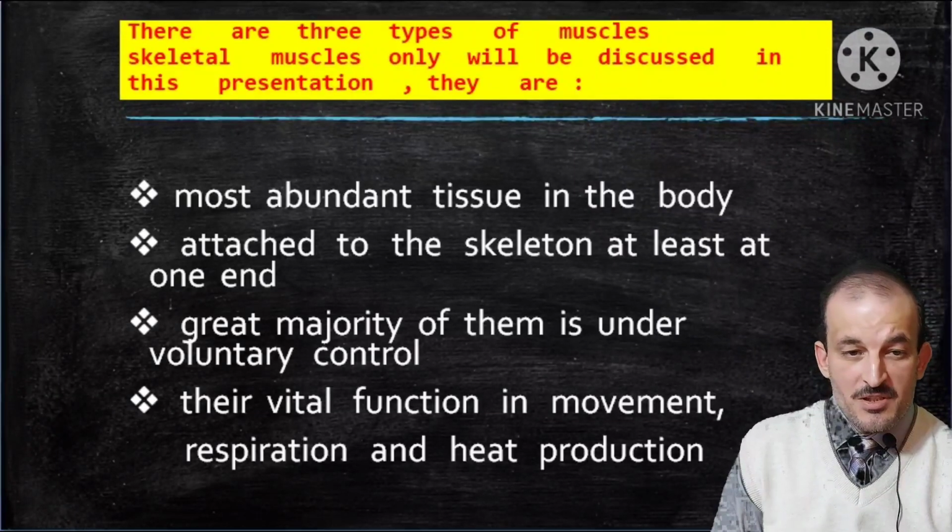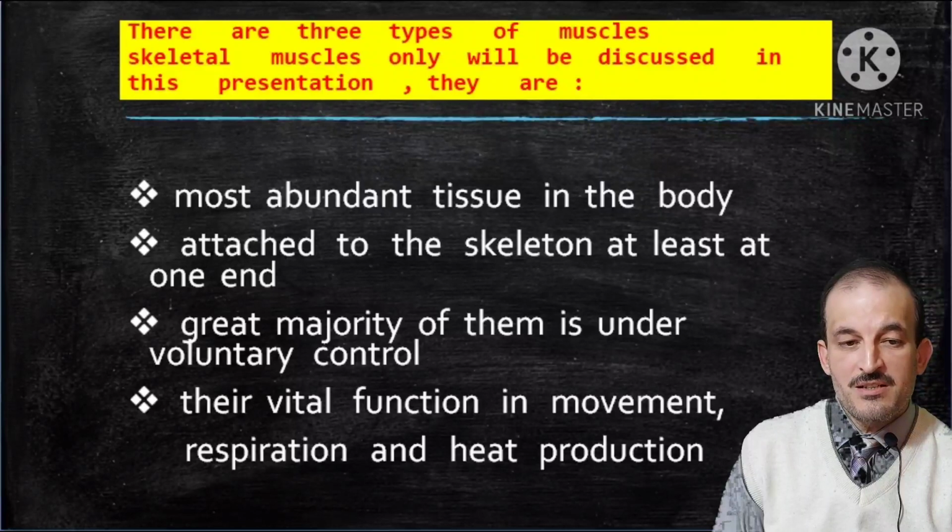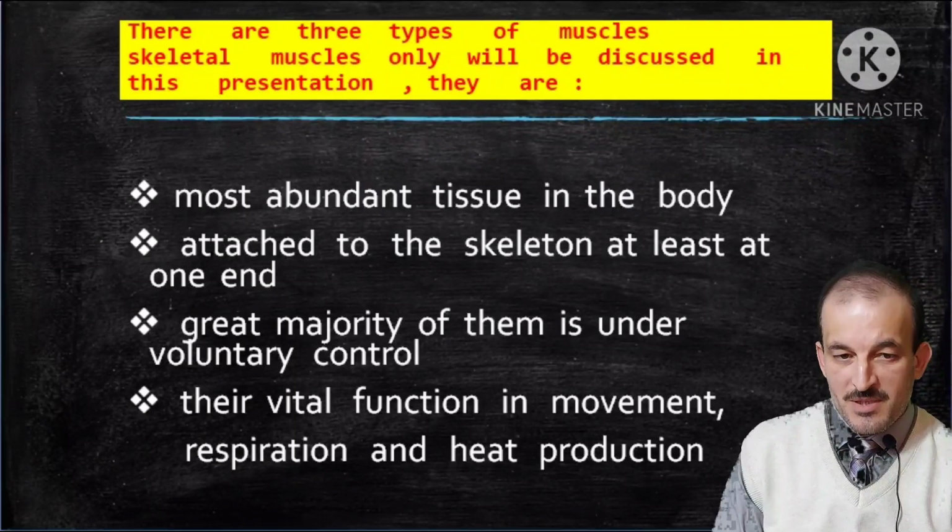There are 3 types of muscles. Skeletal muscles only will be discussed in this presentation, and some features about these skeletal muscles: they are the most abundant tissue in the human body. They attach to the skeleton at least at one point or one end.